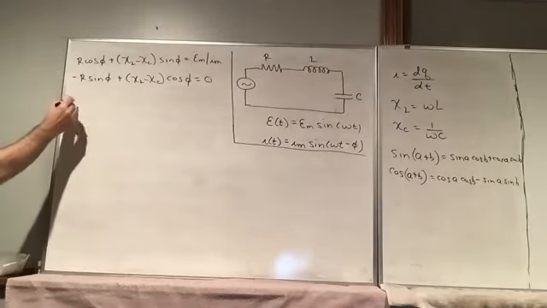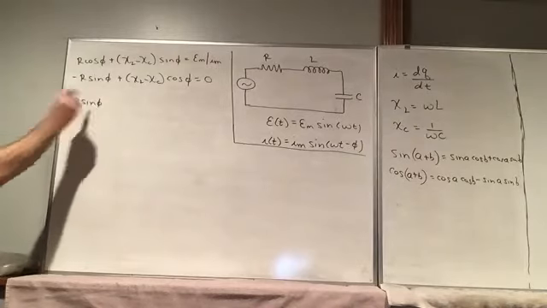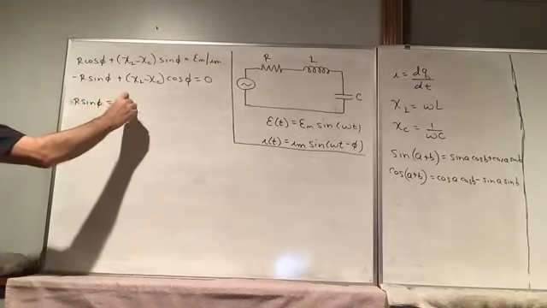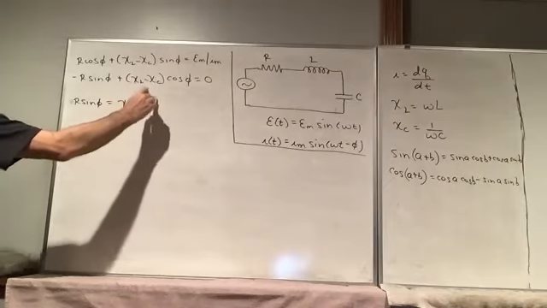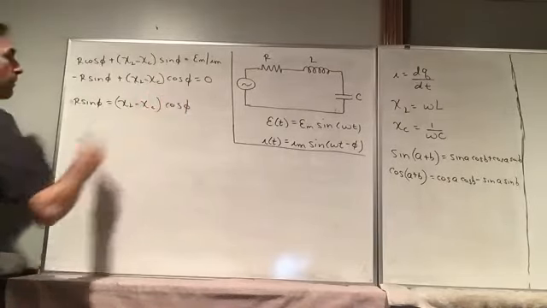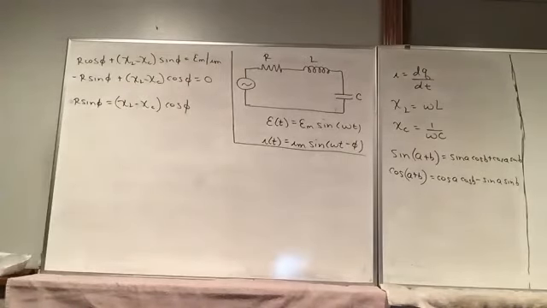We can say r sine of phi equals xi L minus xi C cosine phi, just by moving that term to the other side to make it positive.